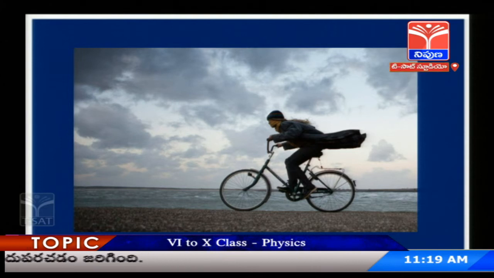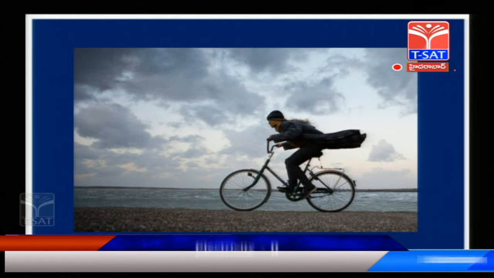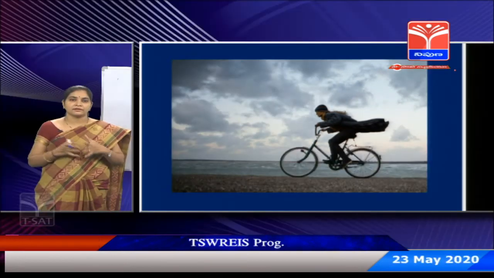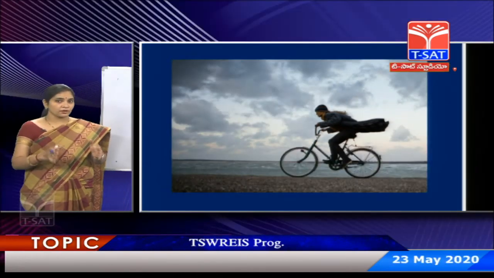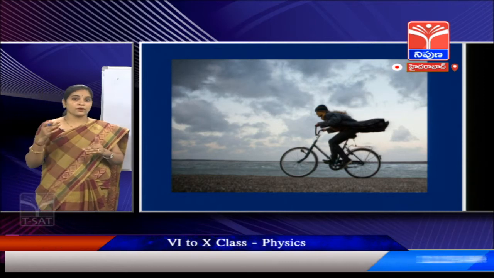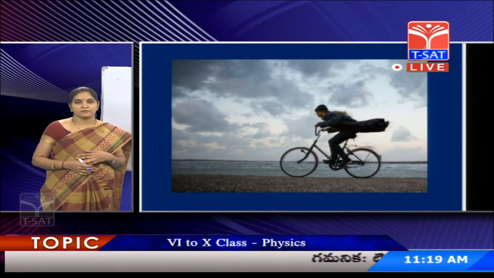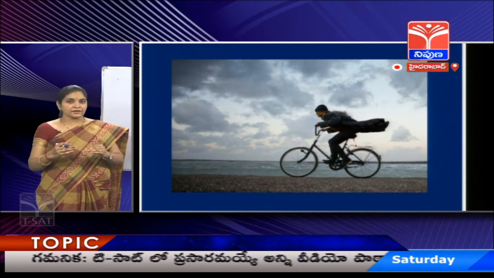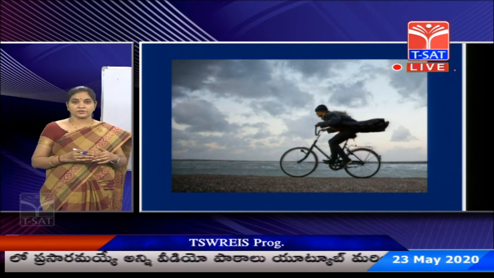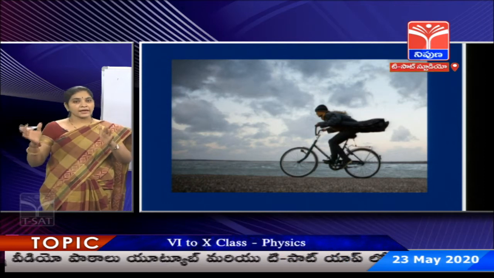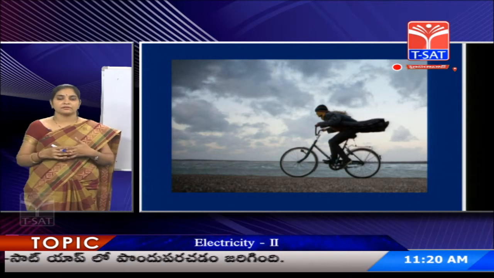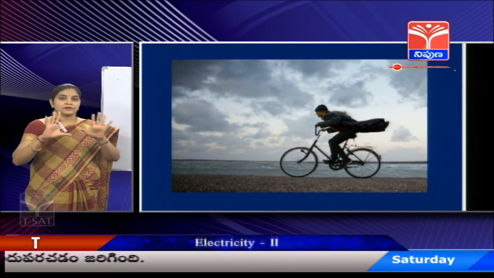While riding a bicycle, it is very easy to move forward if we are moving in the direction of the wind. Imagine what happens when we move in the opposite direction of the wind. It is very difficult to move in the opposite direction of the wind because air exerts pressure in the opposite direction. It offers resistance.